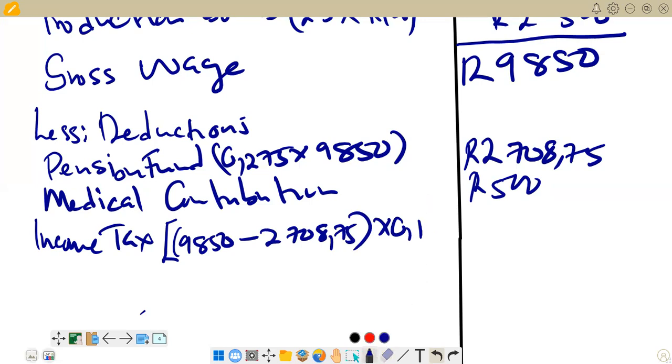And then we close. So we calculate the first subtraction here, 9,850 minus 2,708.75. The answer that you get, multiplied by 0.18. And the answer that you're supposed to get here for income tax is 1,285.